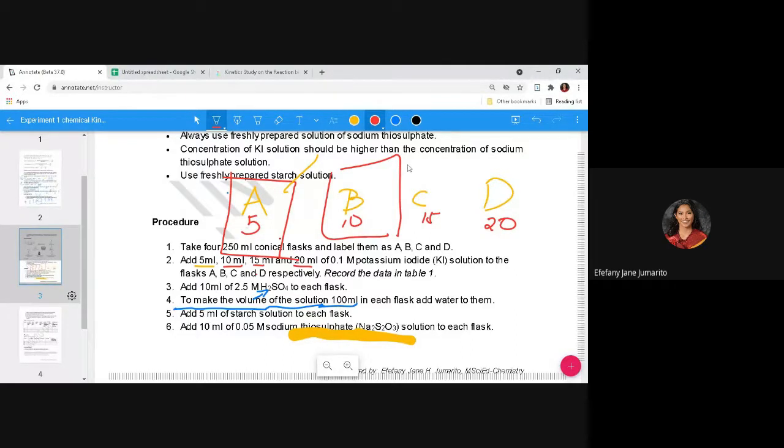Take... No electricity. Okay. Procedure 1.